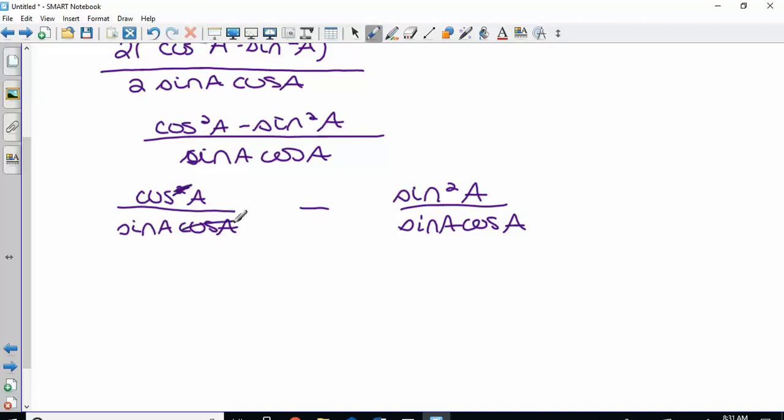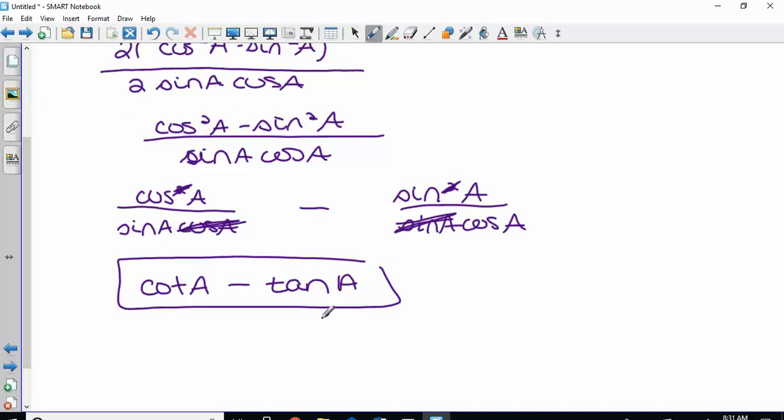So in the first one, what would happen? The square and cosine cancel. Cosine squared and a cosine, we can drop out one of the cosines. I'm left with a cosine over sine, which is cotangent A, minus sine squared A over sine A. We can drop off a sine. So I'm left with sine over cosine, which is tangent.